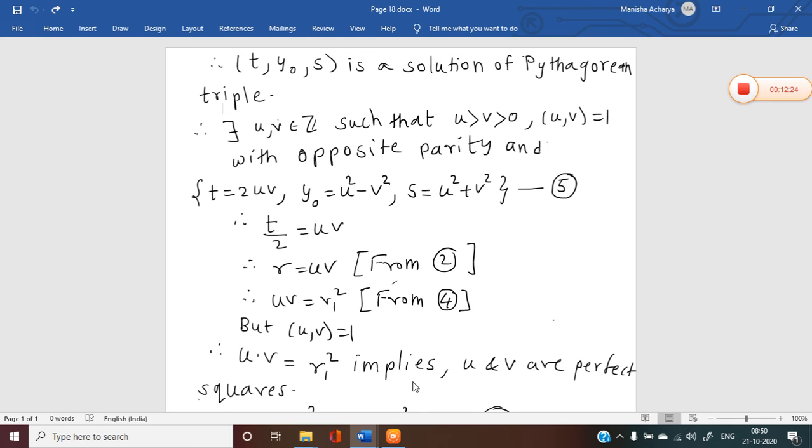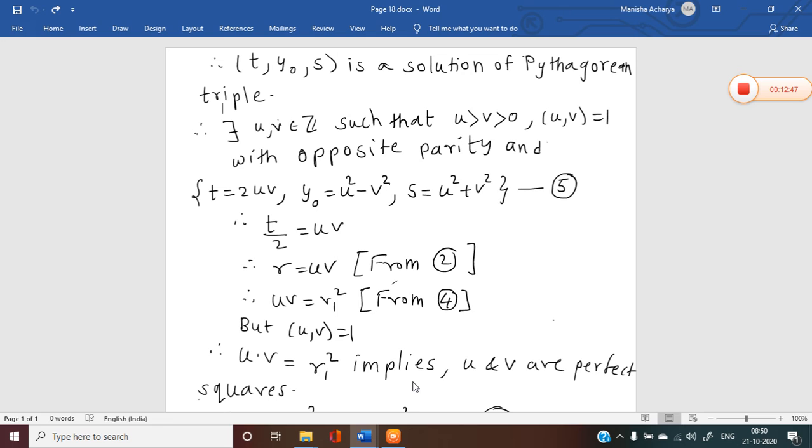So the same theorem we are applying for two times. Now here we are applying the theorem for t, y0 and s. So t, y0, s is a Pythagorean triplet. Therefore, again applying the same theorem, as we have already used the letters s and t, here we are using the letters u and v.